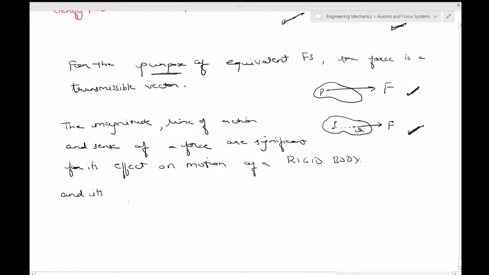And its point of application is immaterial. So whether it acts at P or Q, it won't really matter for a rigid body. So this is clearly not true for a deformable body.